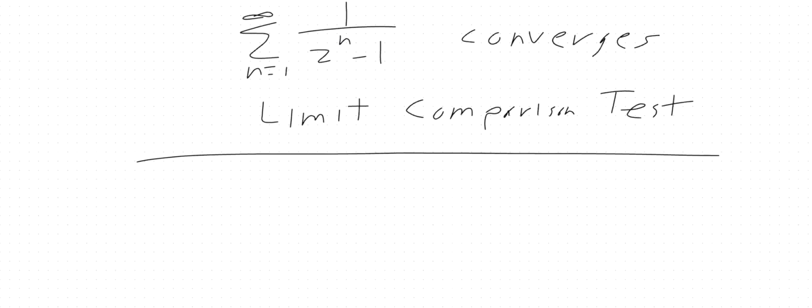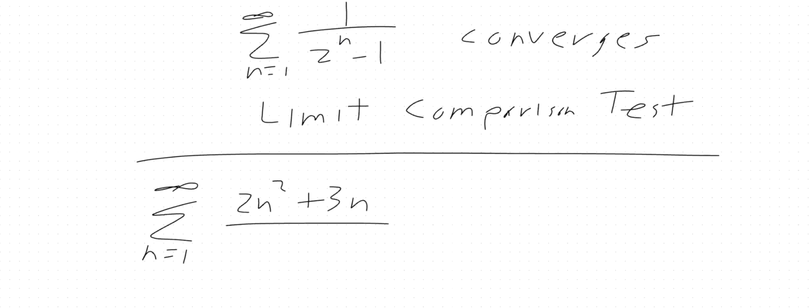So let's do the summation of n equals 1 to infinity of (2n squared plus 3n), all divided by the square root of 5 plus n to the fifth.